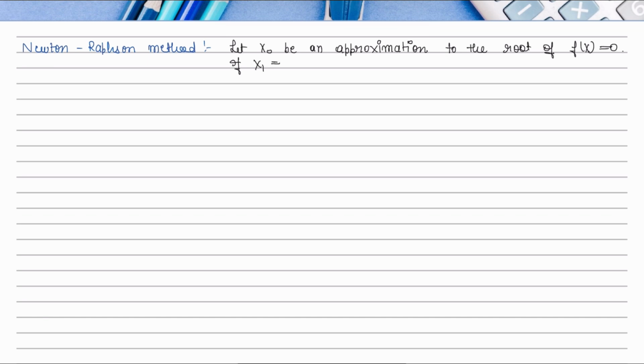x1 whose value is x naught plus h be the exact root of f of x equals to 0, it means function value at the point x1 should be 0, which is equals to f of x naught plus h.